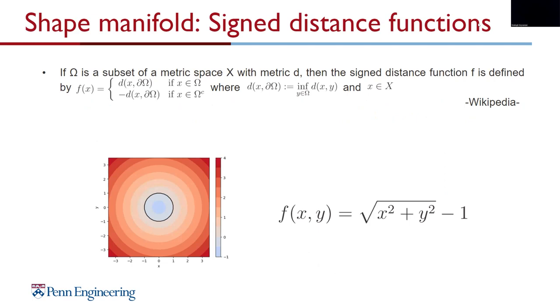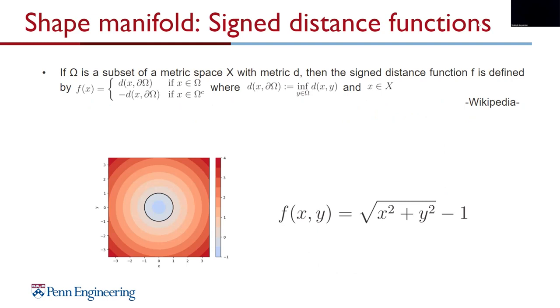So if Omega is a subset of metric space X with metric D, the signed distance function is this f. Basically this Omega is the surface of the object, and this large X is the Euclidean space, and metric D is the distance function. So basically this means the distance between a point x in Euclidean space and the surface of the manifold.